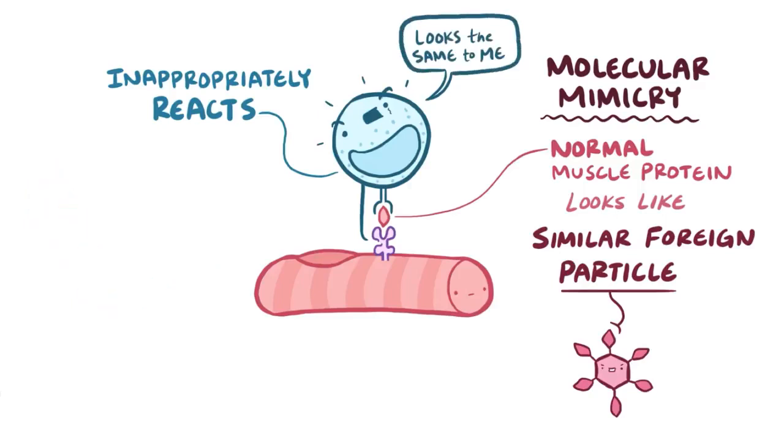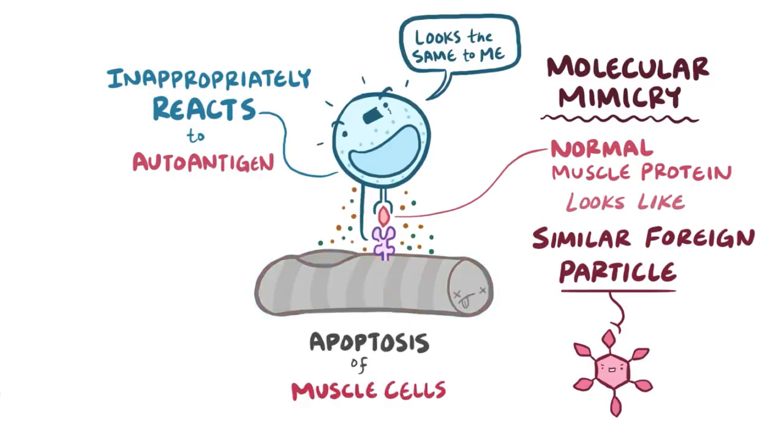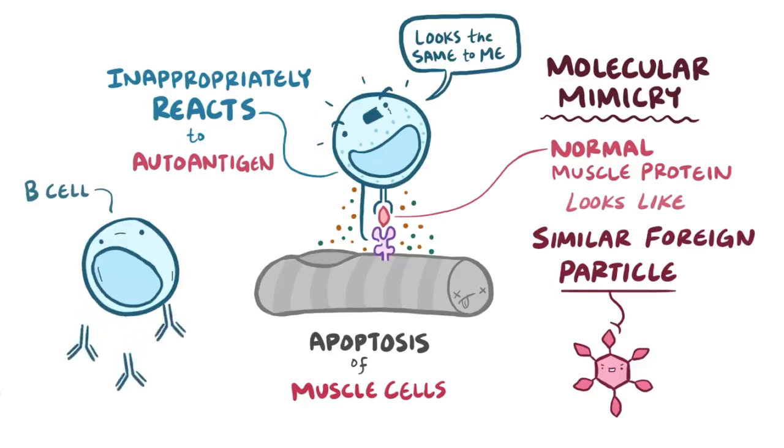When our own protein triggers an immune response, that protein is called an autoantigen. So when the cytotoxic T cells are activated by the autoantigen, they cause apoptosis of the muscle cells. In some cases, B cells start producing antibodies against these autoantigens as well.